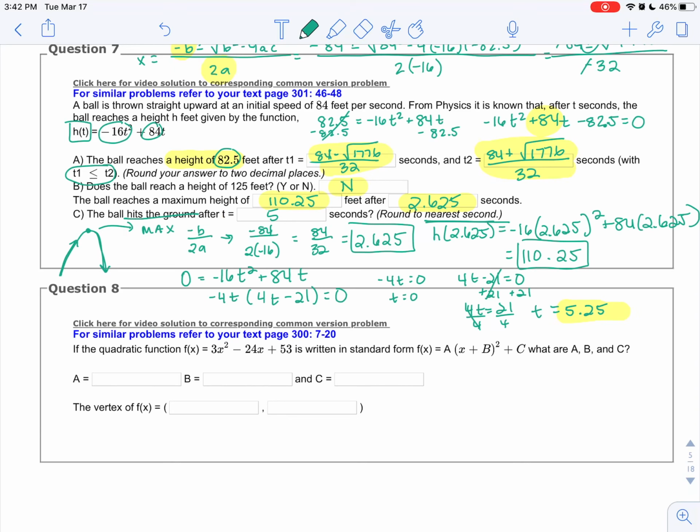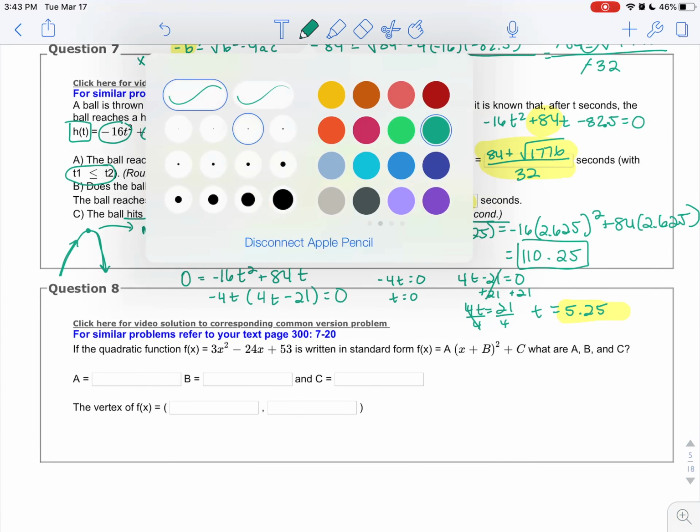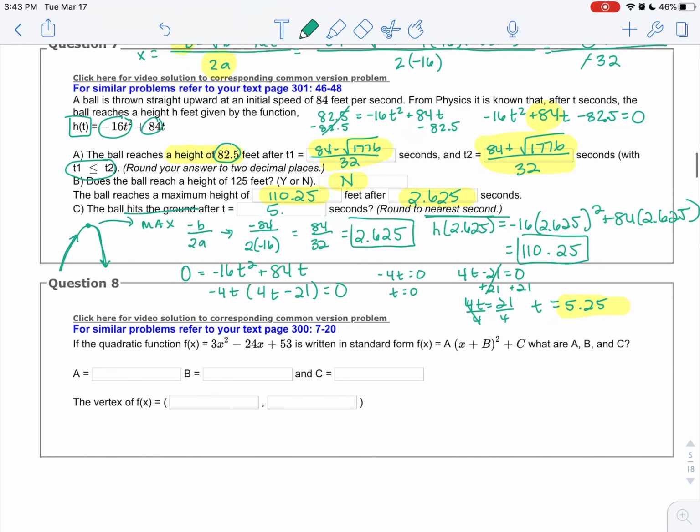It doesn't like 5. So let's see if it'll take 5.25. You can't trust the computer. So it likes my answer 5.25. So don't round as it tells you to round. Type in the full number, 5.25, for whatever reason.